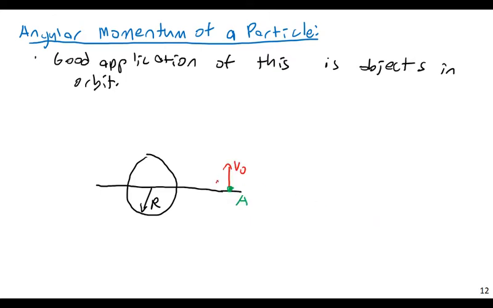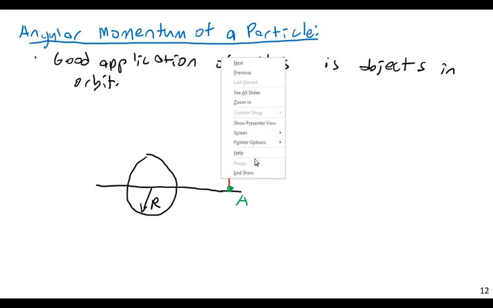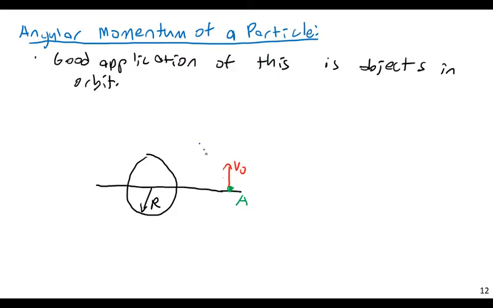It will have a radius that changes over its elliptical orbit.